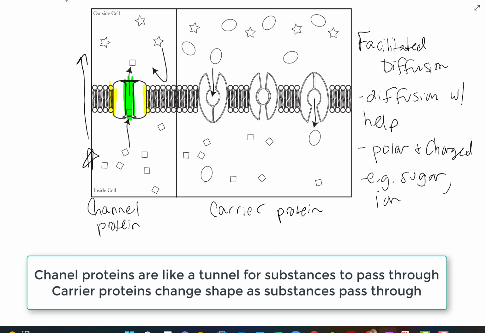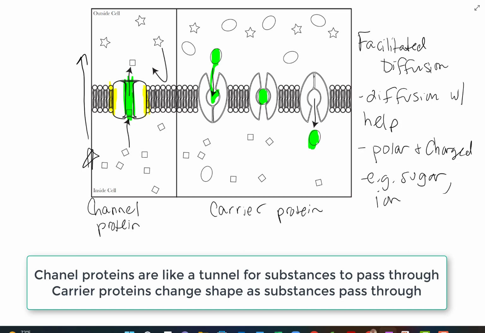Over here on the right hand side, you can see we've got another protein. It just works a little bit differently. This one's called a carrier protein, and it literally changes shape as the molecules are passing through it. So if we look here, we can see we've got our green charged molecule. Let's imagine this is like a glucose maybe, and it's coming in. And once it is inside, this protein changes shape and it pushes it out to the other side.